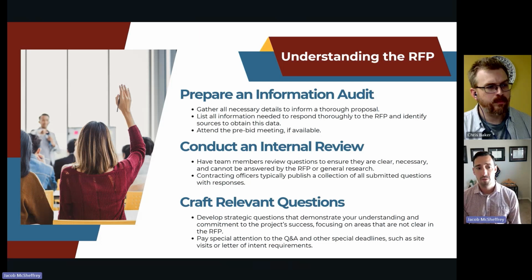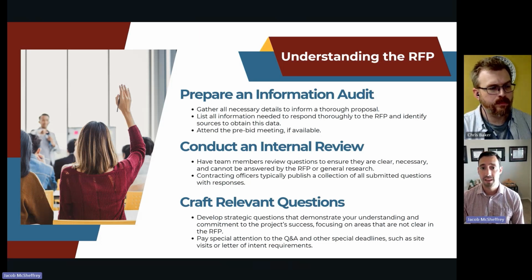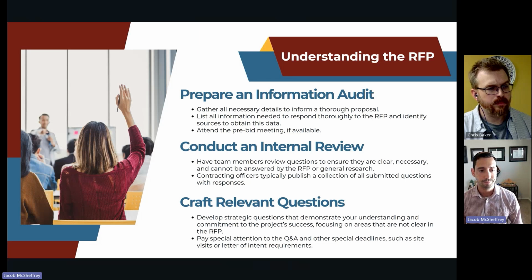You won't always have one being offered, but in most cases, there will be some opportunity to either speak or meet with the contracting officer or some of the engineers or parties involved in the solicitation process. And you always want to attend those to ask questions, hear other people's questions, and establish your presence in this particular proposal.